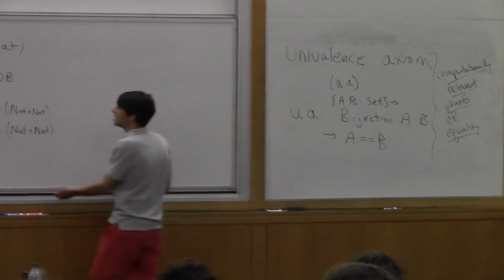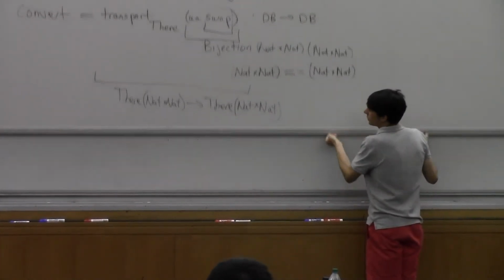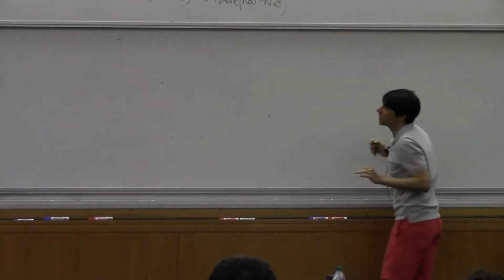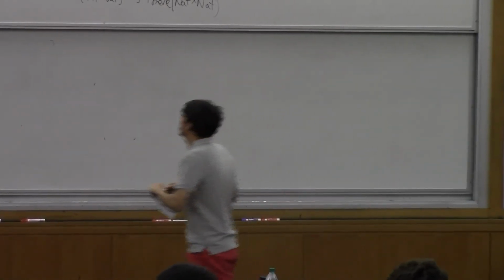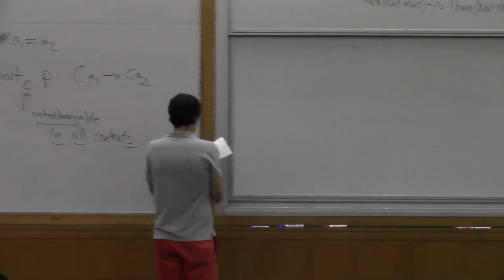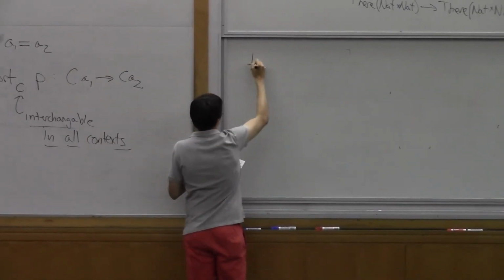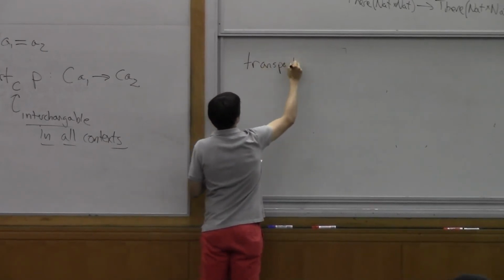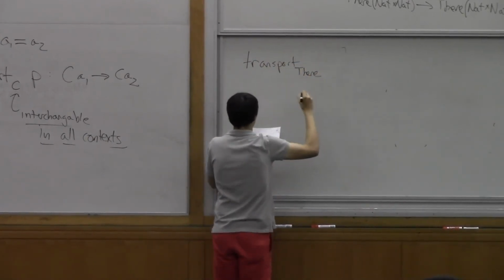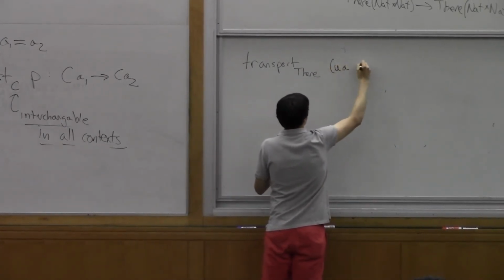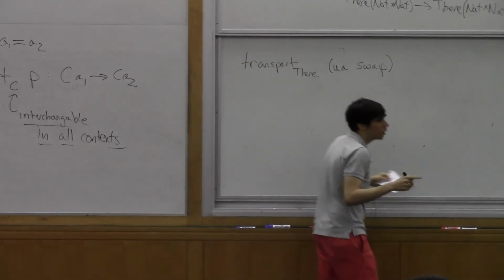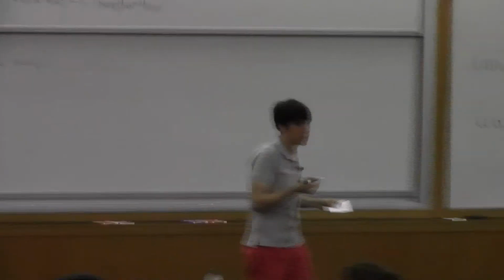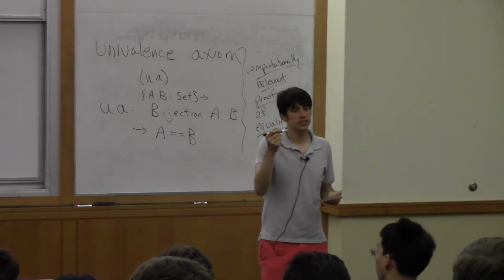Okay. So how does this run? Well, we've already implemented how this runs. It runs just like in the functor library from yesterday. But let's trace through it. So if I call transport there of UA swap in homotopy type theory, we're going to run transport very differently than we run transport in Agda.